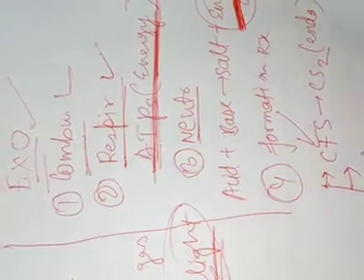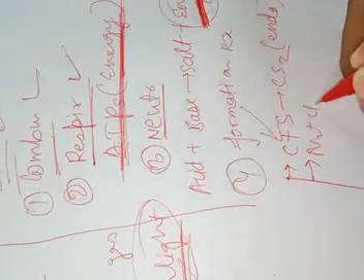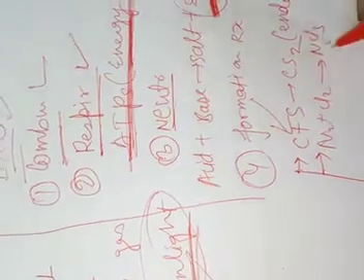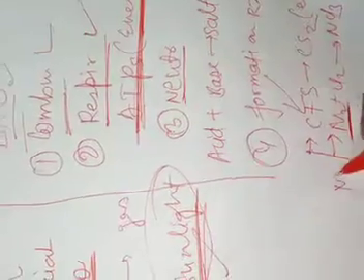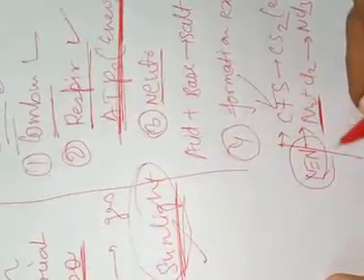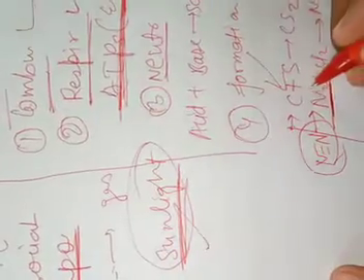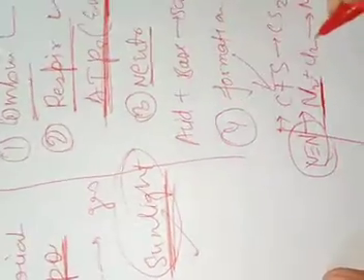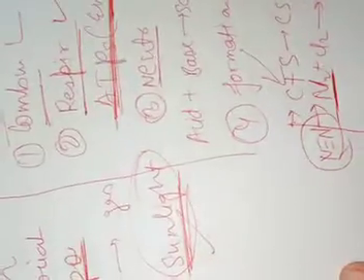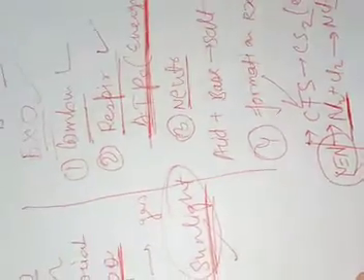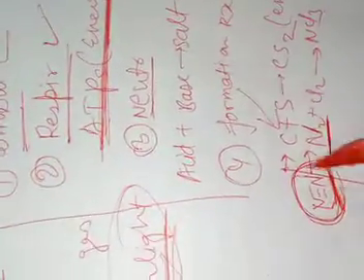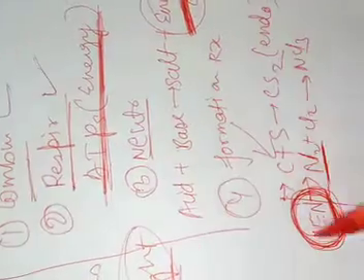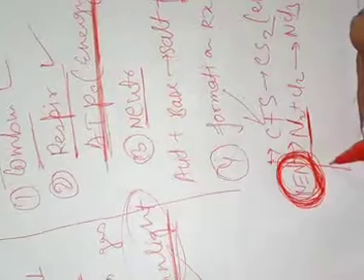Okay, N2 plus Cl2 gives NCl3. Due to the high bond dissociation enthalpy of N2, that is N triple bond N, which is a very high bond energy, this reaction is endothermic even though it is a formation reaction.